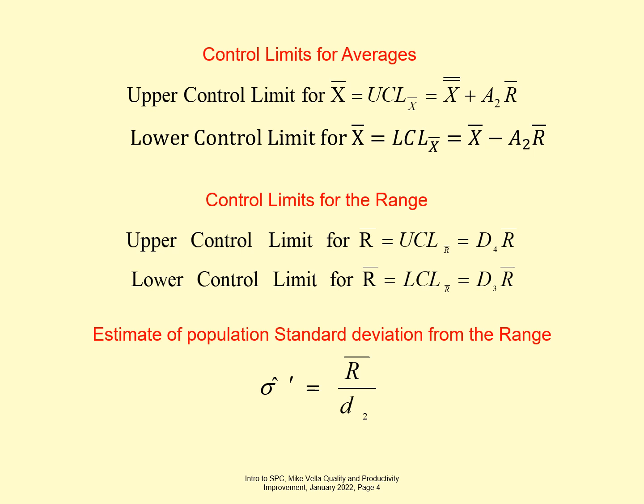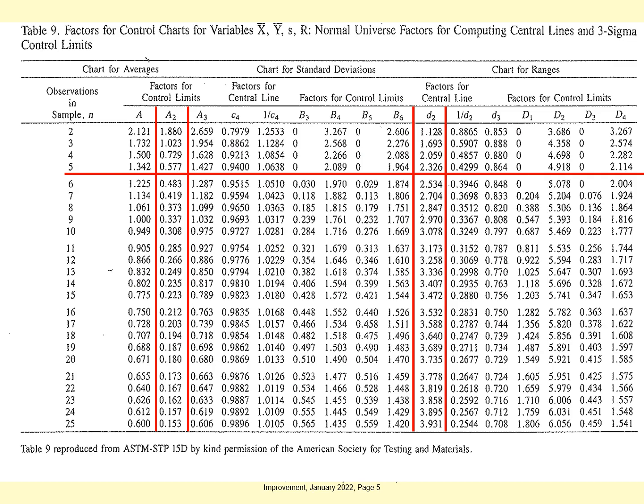We're going to be using some formulas, control limits for averages, control limits for ranges, and for the estimate of the standard deviation. You can look at this information again. It's in the statistical books, and we're going to be using it in our calculations in a few minutes. Also, we're going to be referring to this table. This table is provided by the ASTM.